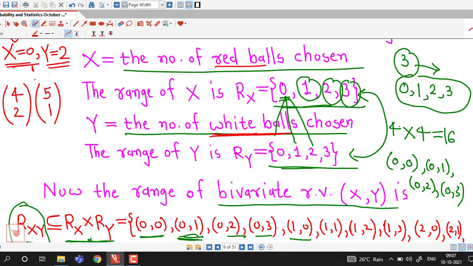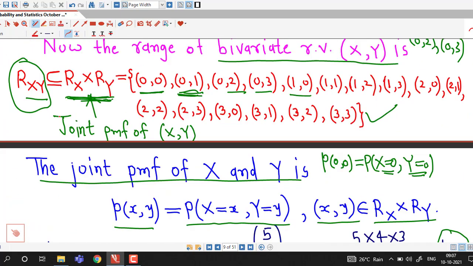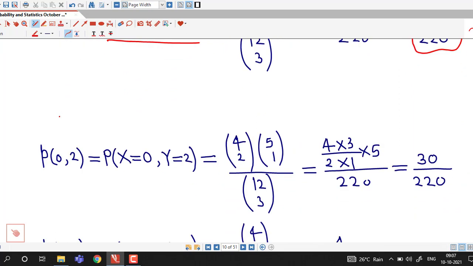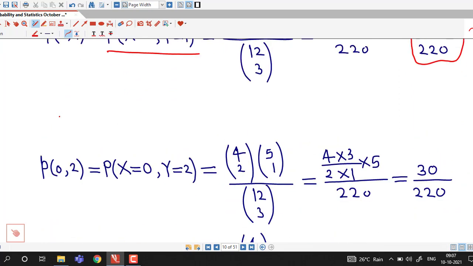So the outcomes in favor of this event are 4C2 times 5C1. So P of (0, 2) will be equal to the probability of the event X equal to 0 and Y equal to 2, and it is 4C2 times 5C1 divided by 12C3, that is 30 divided by 220.